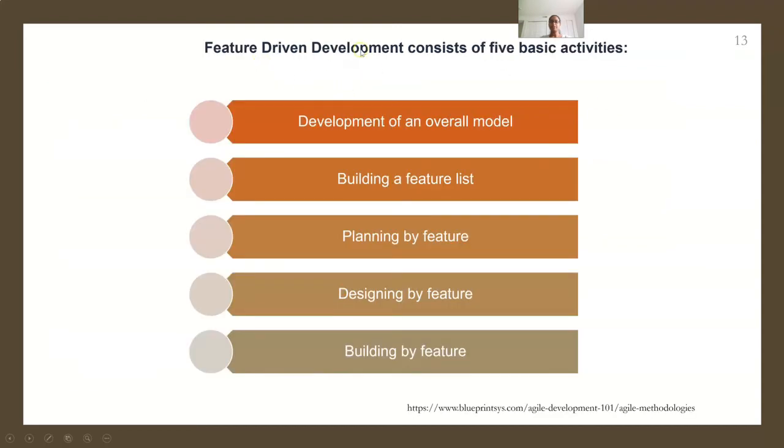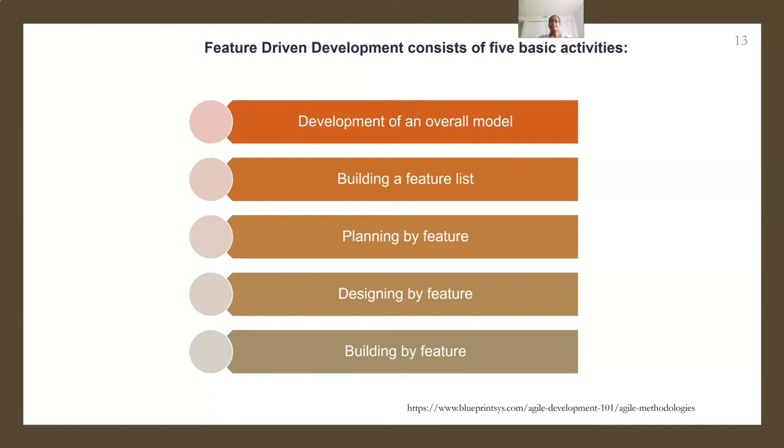Moving to feature-driven development, that is FDD. FDD is a model-driven, short-iteration process that was built around software engineering best practices such as domain object modeling, developing by feature, and code ownership.